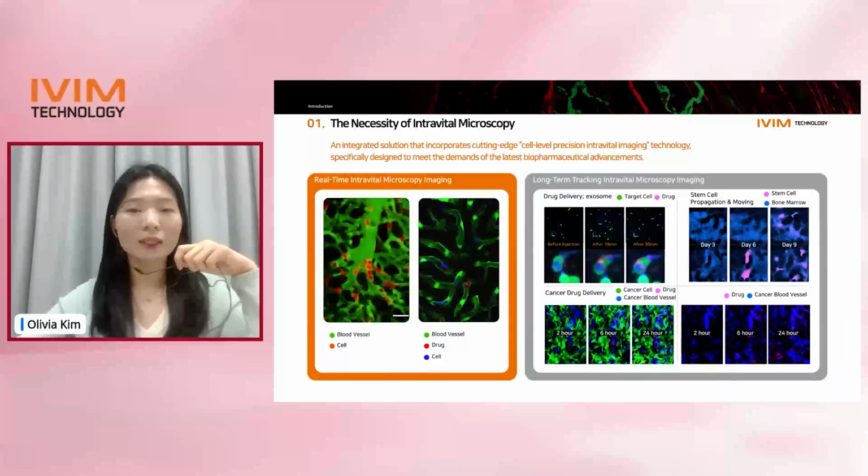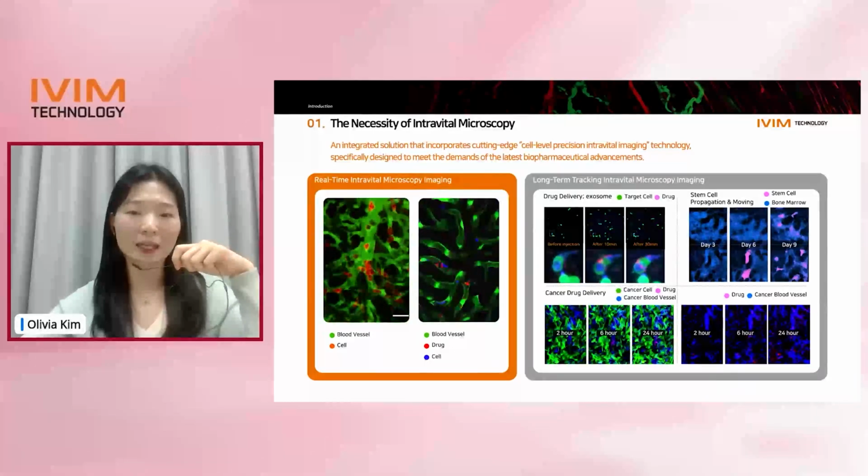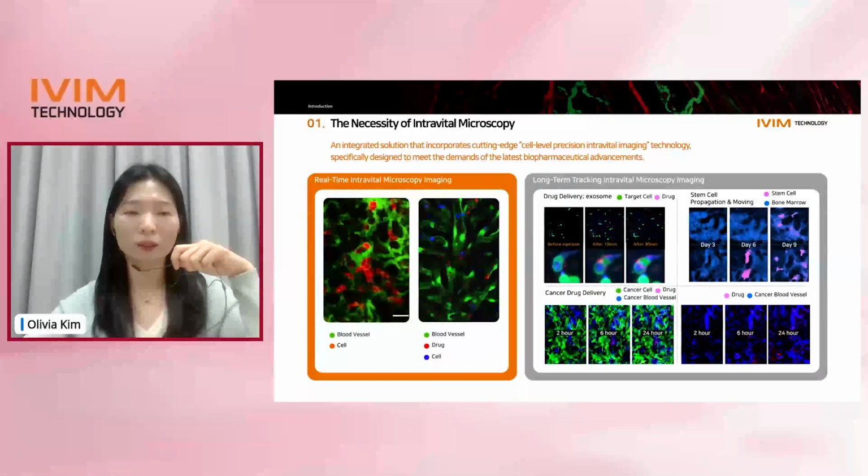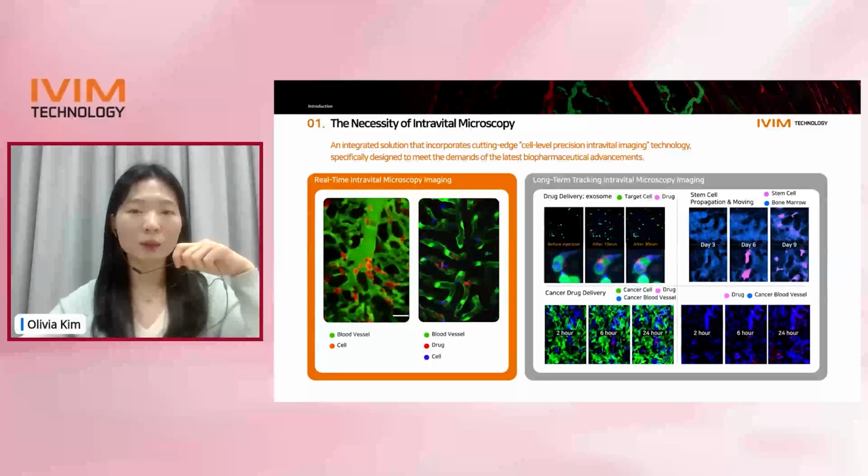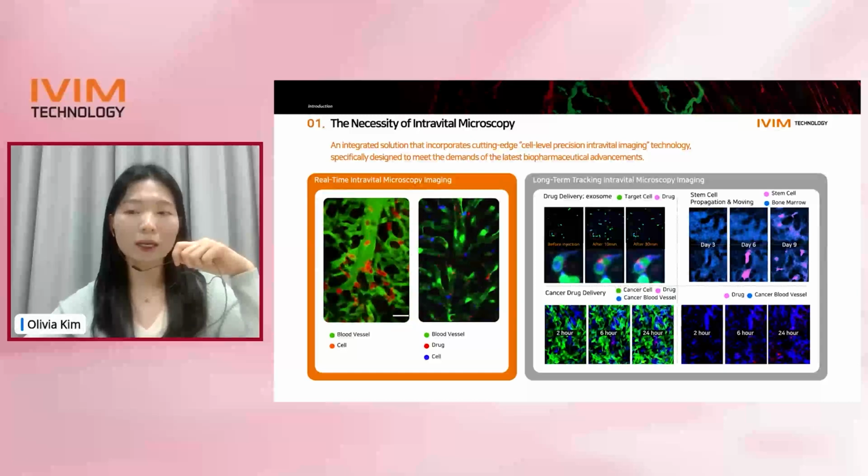To truly understand how our body functions, we need to observe what is happening inside, down to the level of individual cells. This is especially important when studying the immune system, cancer, or how drugs are distributed and act within the body. Intravital microscopy makes this possible by allowing us to visualize these dynamic processes in real time within a living animal.